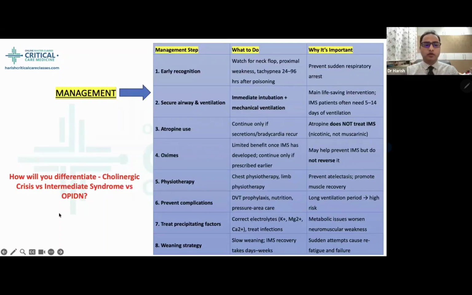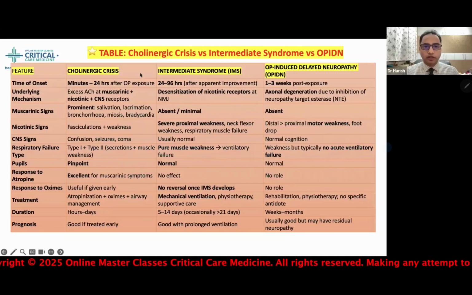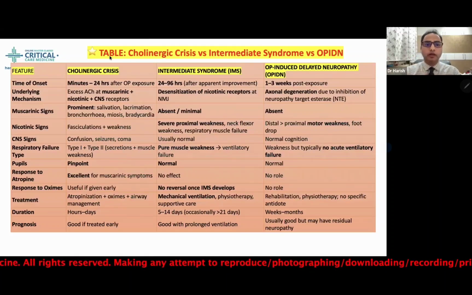Very, very important. Okay. So how will you differentiate between cholinergic crisis versus intermediate syndrome versus OP-induced delayed neuropathy? Again, this table gives some sort of concise overview on the cholinergic crisis versus intermediate syndrome versus OP-induced delayed neuropathy. Remember, duration, time onset, okay.